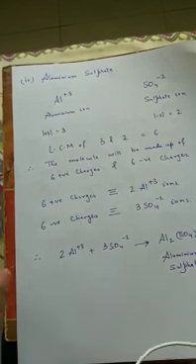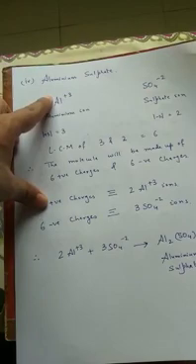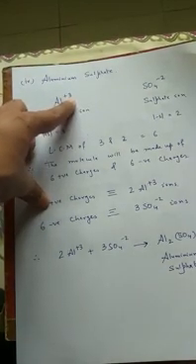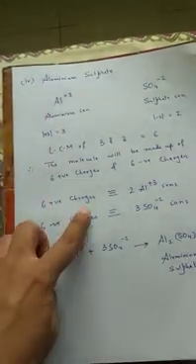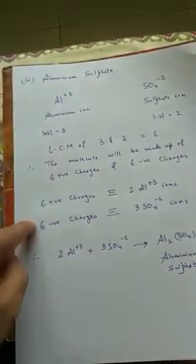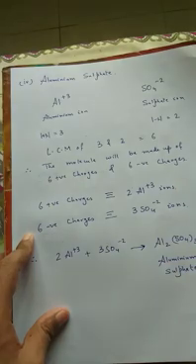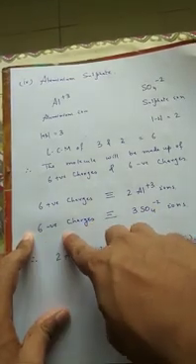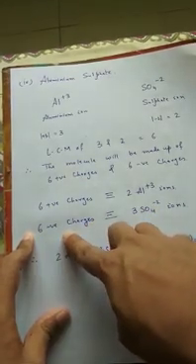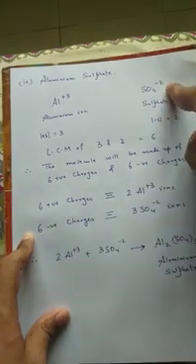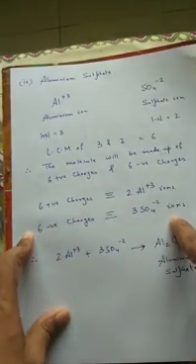Since one aluminium ion contributes +3 charge, +6 charge would be contributed by 6 divided by 3, that is 2 aluminium ions. Similarly, 6 negative charges would be contributed by 6 divided by 2, that is 3 sulfate ions.